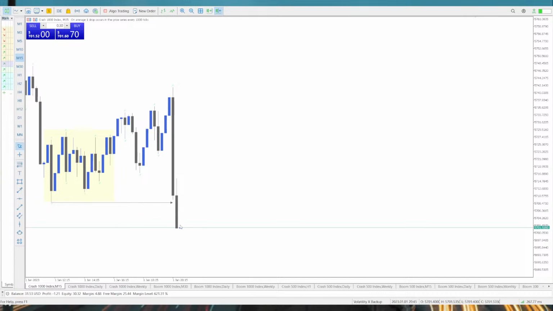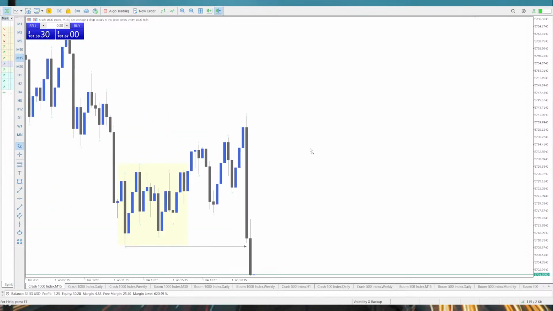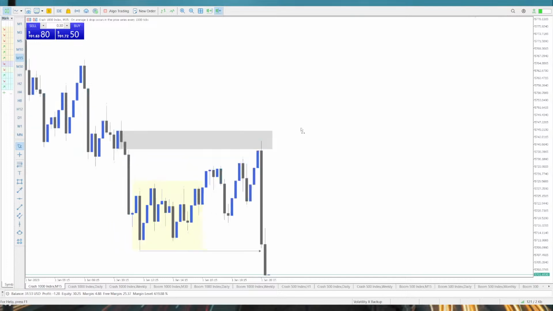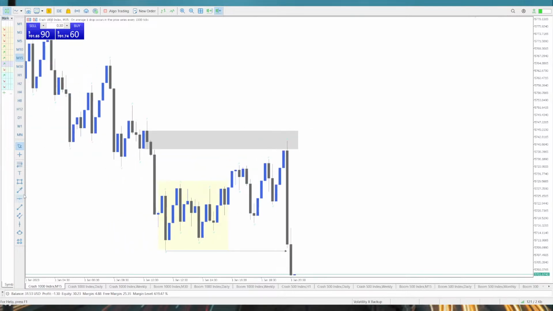Okay, so if it retraces all the way back into the range, that will be fine. I'll just look to take the buys. But that's a challenge. This was where I would have taken my profit, because it was a scalp trade after the range manipulation, right?